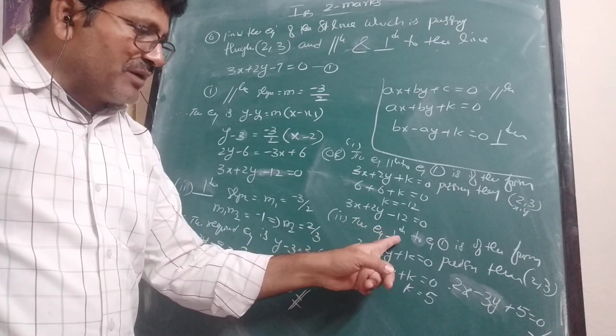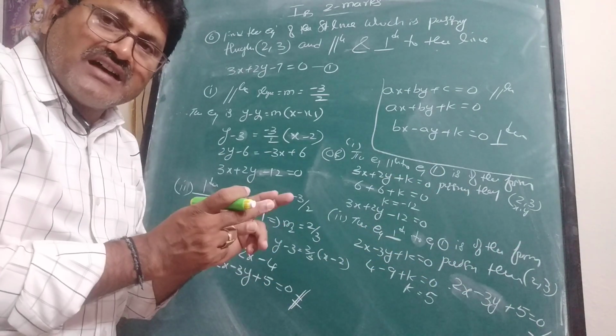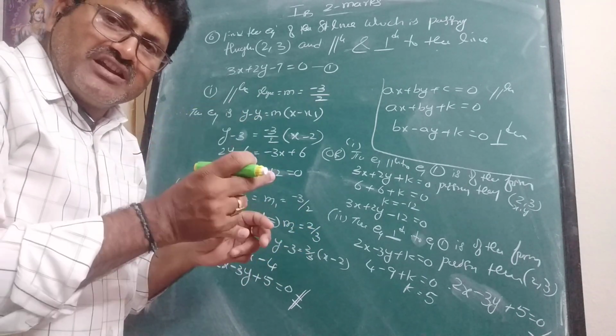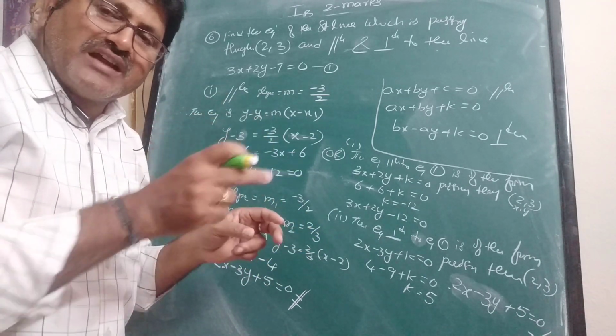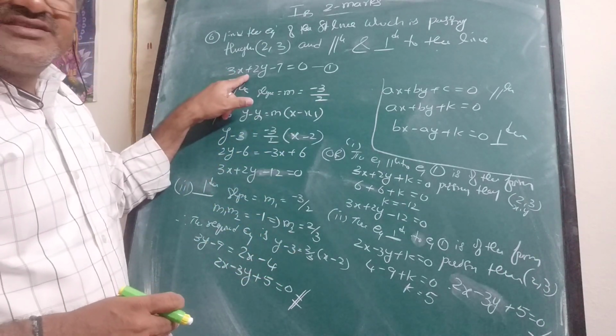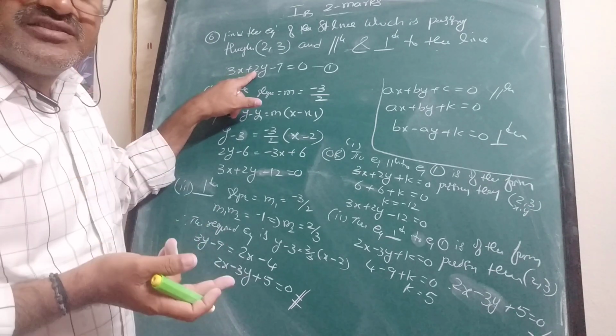The equation perpendicular to equation 1 is of the form: I asked you to change the x coefficient to y, the y coefficient to x, and put it in between. Plus is there, minus is there, plus you have to put. Here it is plus. Just interchange the y coefficient as x, x coefficient as y.